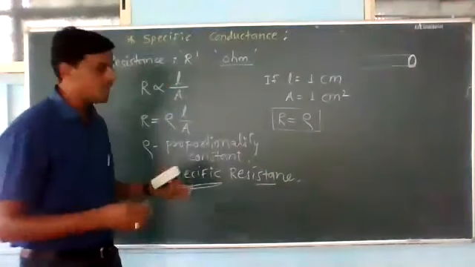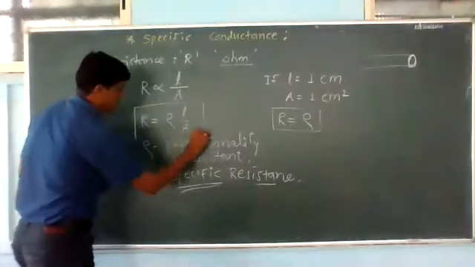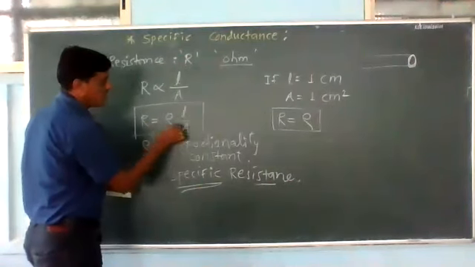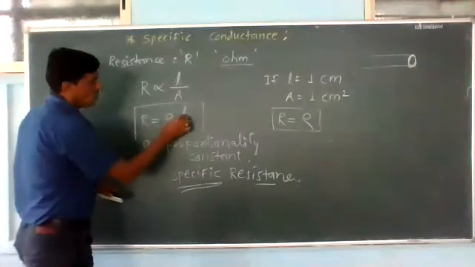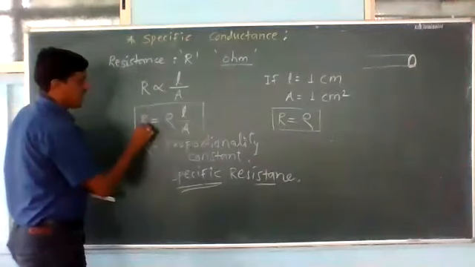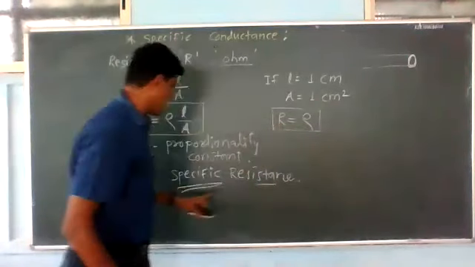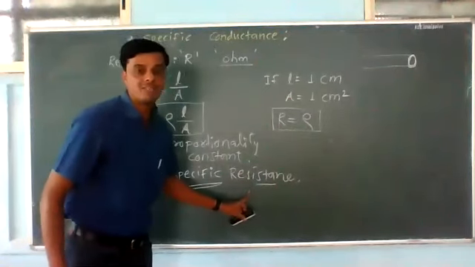In simple words, if you look at this equation, the resistance is equal to rho into L by A, where rho is the proportionality constant, and when we specify the values of L and A, then R becomes equal to rho. That rho is called specific resistance or specific resistivity.